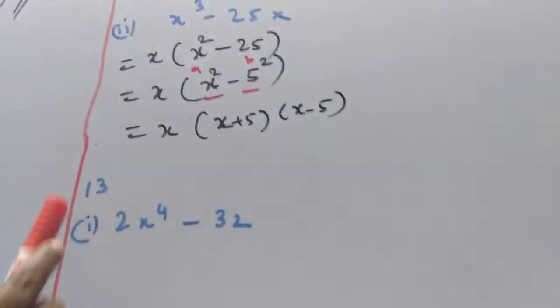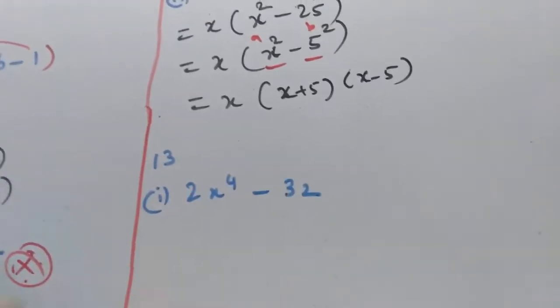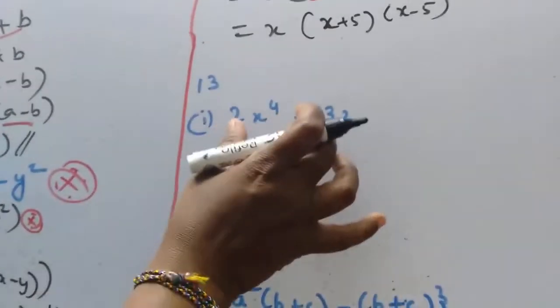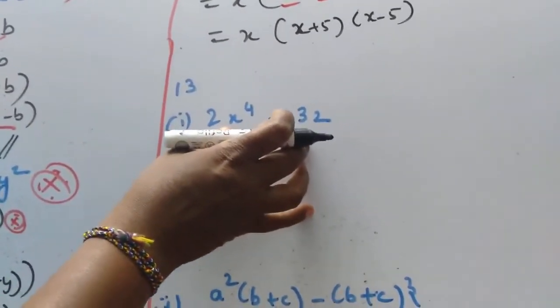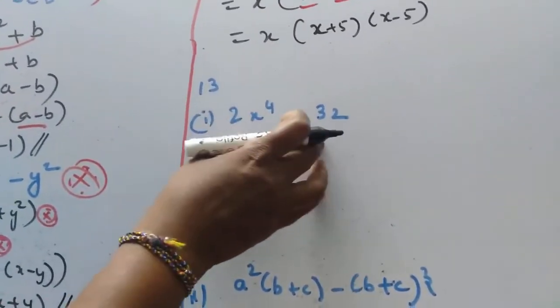So the question number 13, first subdivision, which is what, 2x power 4 minus 32. So same like previously what I used to tell, is there any common term, want to check it? Previously for some sums there were no numbers for two terms, here there are two terms.